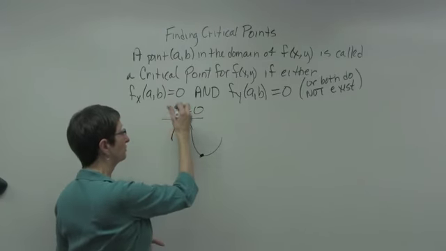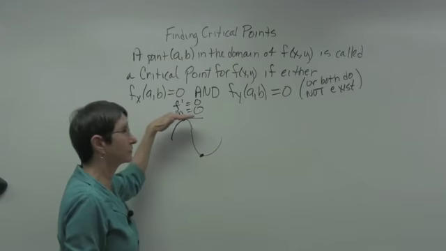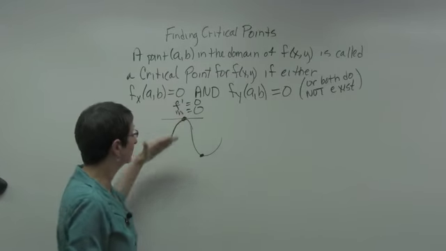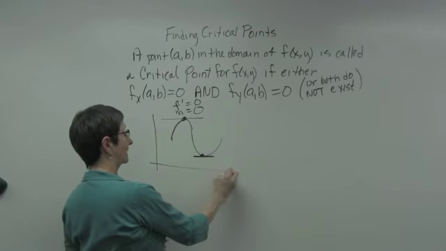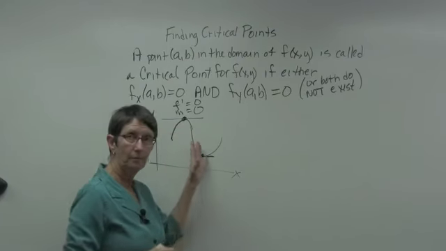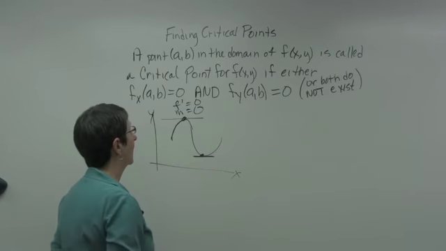Well, the slope is the derivative, the rate of change. So we're interested in two dimensions, the xy plane, where we have horizontal tangent lines and the slope is 0.